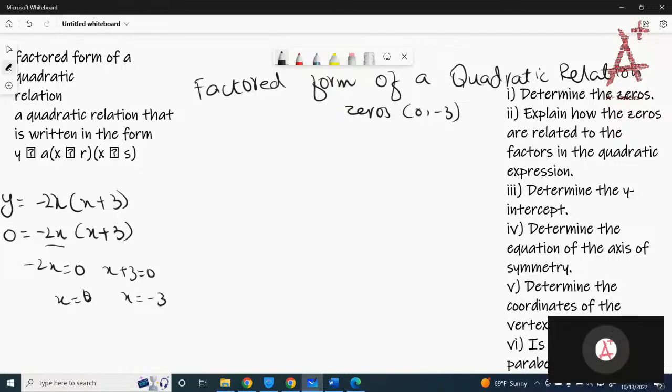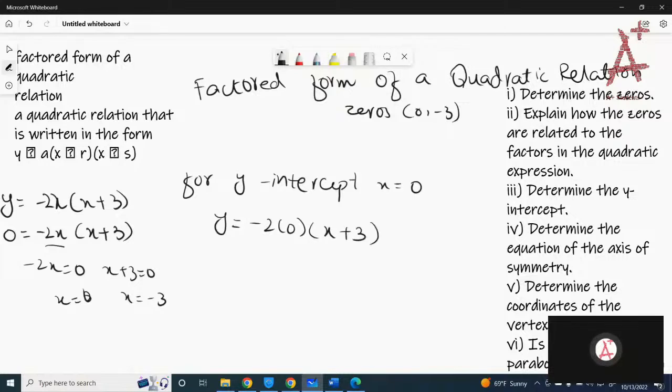Okay, the third one is determine the y-intercept. For the y-intercept, we have to put x equals 0 in the equation. So just replace all the x with 0: -2 times 0, and 0 plus 3.